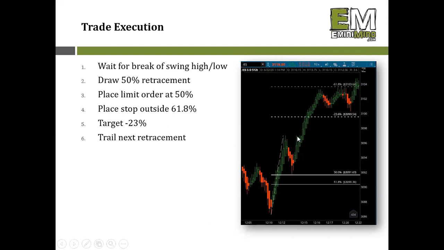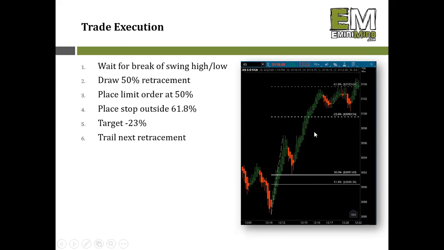If you were to draw up the next retracement from the entry up to that double top or that swing high, it's going to be below the 61.8. So that's the point where I say, okay, I'm going to move my stop to break even, and then I can start trailing from there.